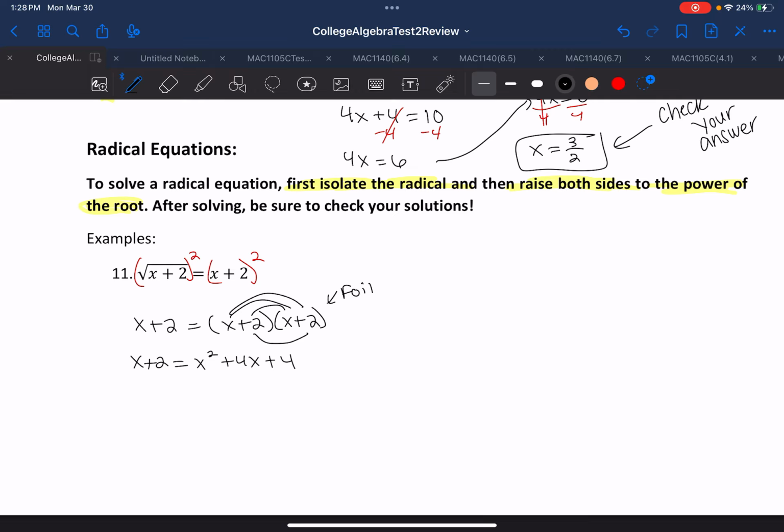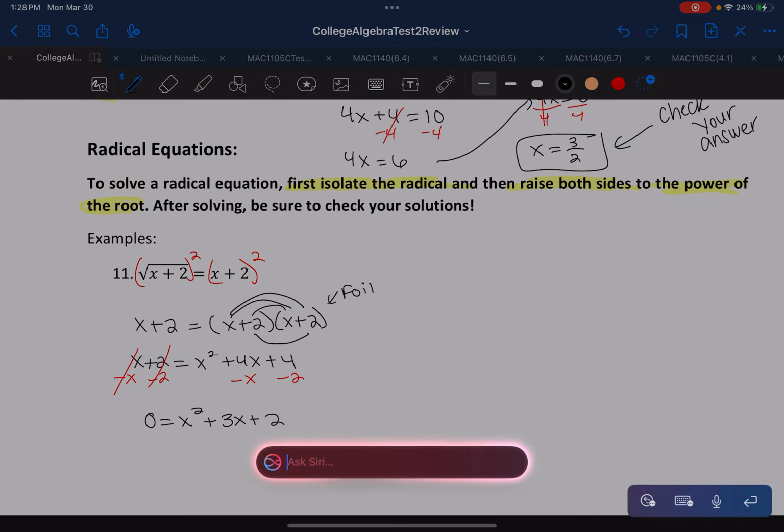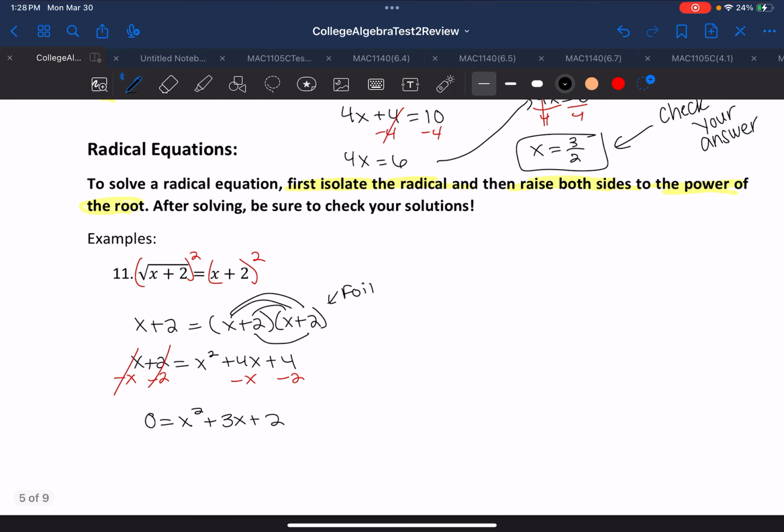And now this is a quadratic equation, so you want to get everything to one side to get it equal to 0. So we'll subtract x from both sides, and we will subtract 2 from both sides. So 0 will be equal to x squared plus 3x plus 2. And this will factor to x plus 1 times x plus 2, since 1 times 2 is 2 and 1 plus 2 is 3.